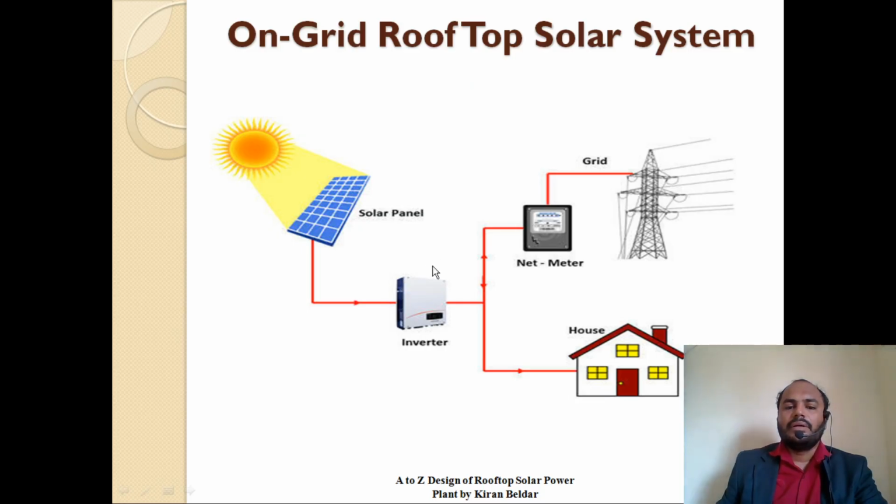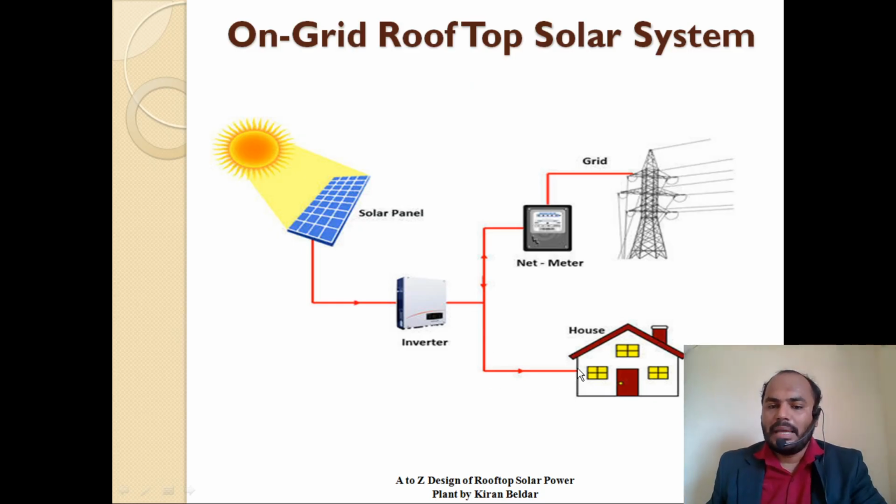The inverter converts the direct current into alternating current. When this alternating current is generated, we give this power to the net meter and to our home appliances. So basically, we can use this power for running our home appliances.